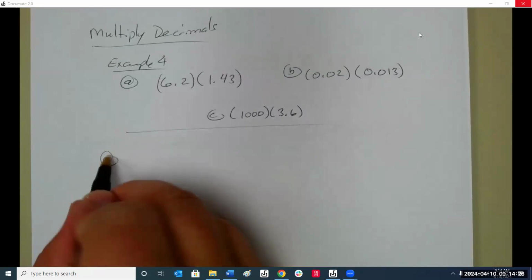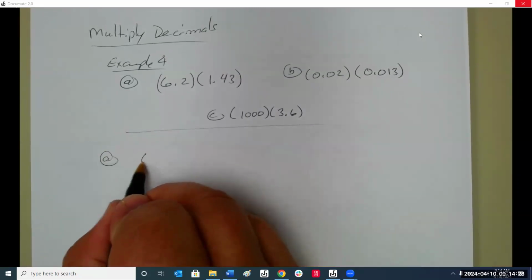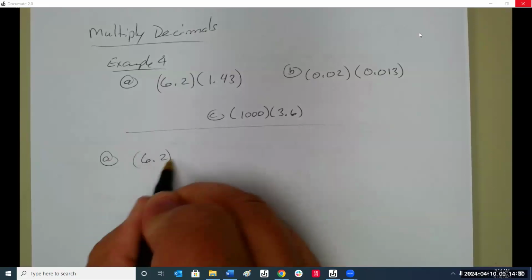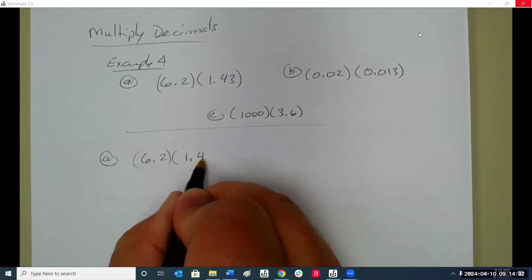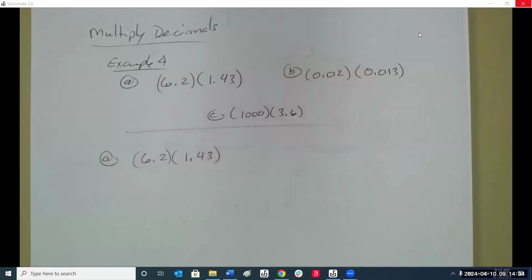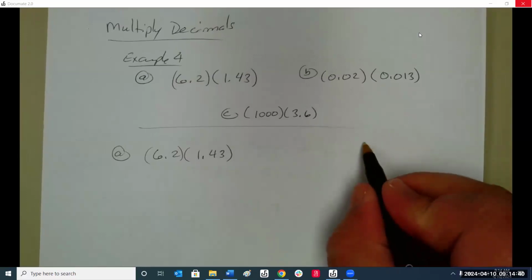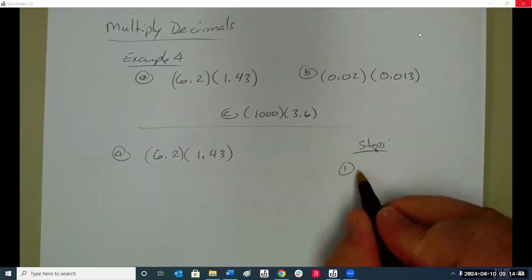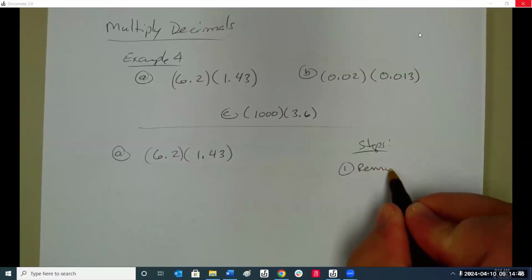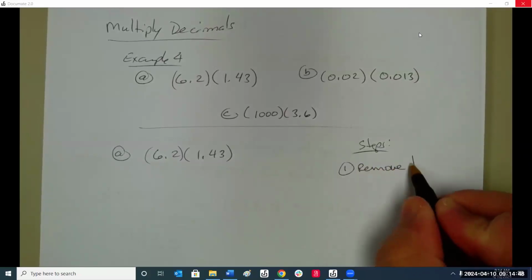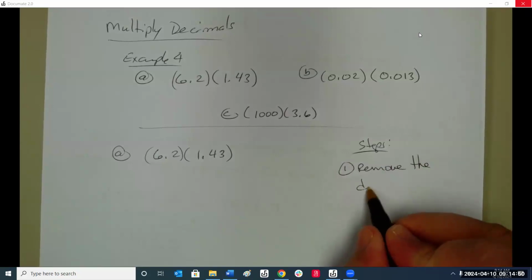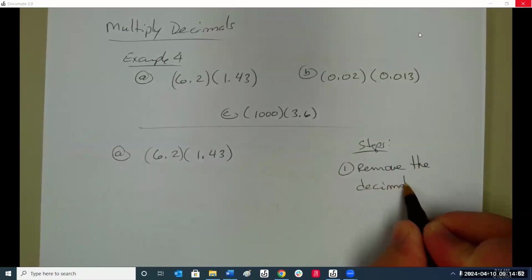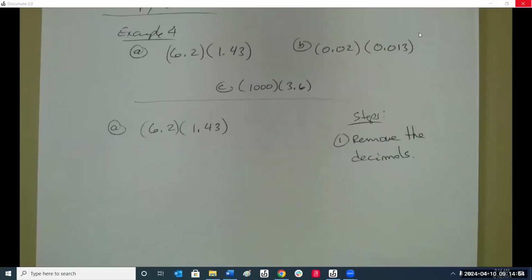So what we're going to do here, the easiest way, because remember, up until this point, we taught the kids how to add, subtract, and multiply. So the steps here are remove the decimals.